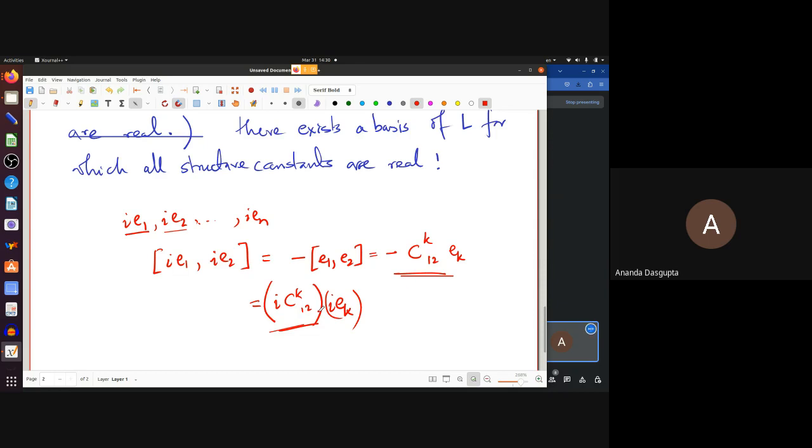However, the point I'm trying to make here is this. You actually had a real Lie algebra which has been complexified. And instead of using the actual basis vectors, you're using i times those basis vectors and calling those J1, J2, J3.